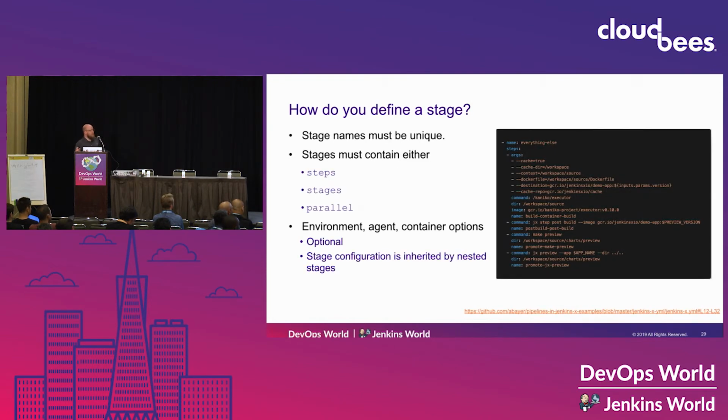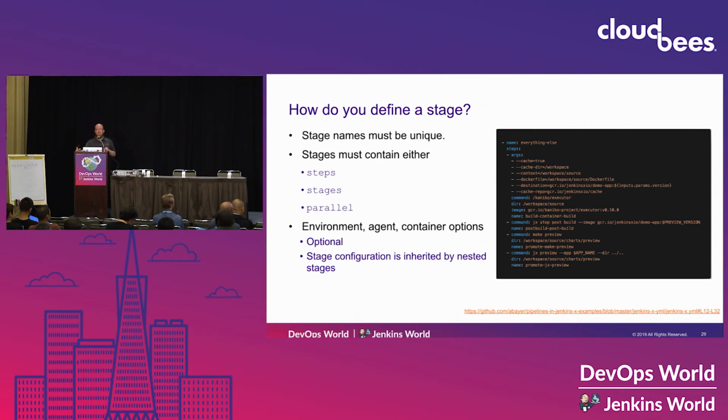And how do you define a stage? Like I said earlier about step names, stage names also need to be unique across your pipeline. Across multiple pipelines, whatever, who cares? But within a single pipeline, the stage names have to be unique. Stages can contain one and only one of steps, which would be a list of steps, oddly enough.